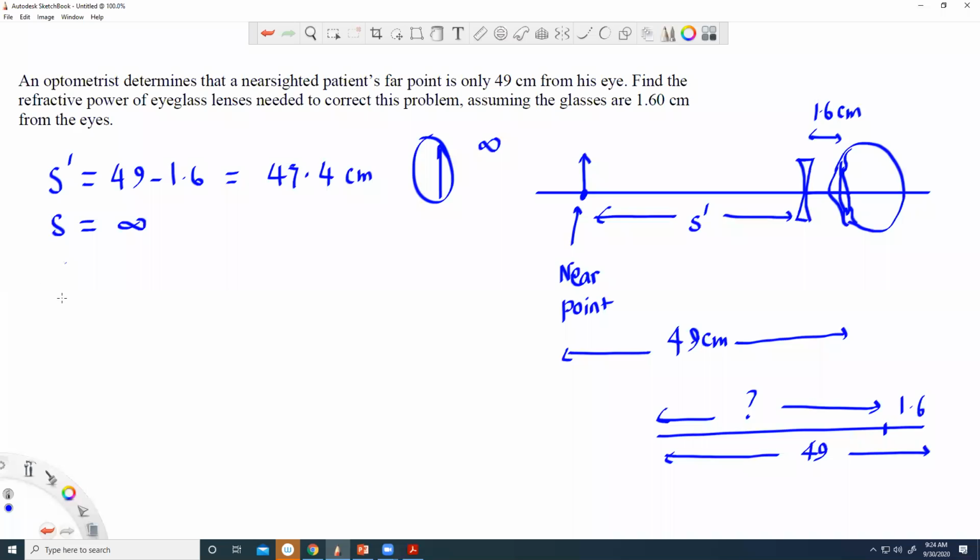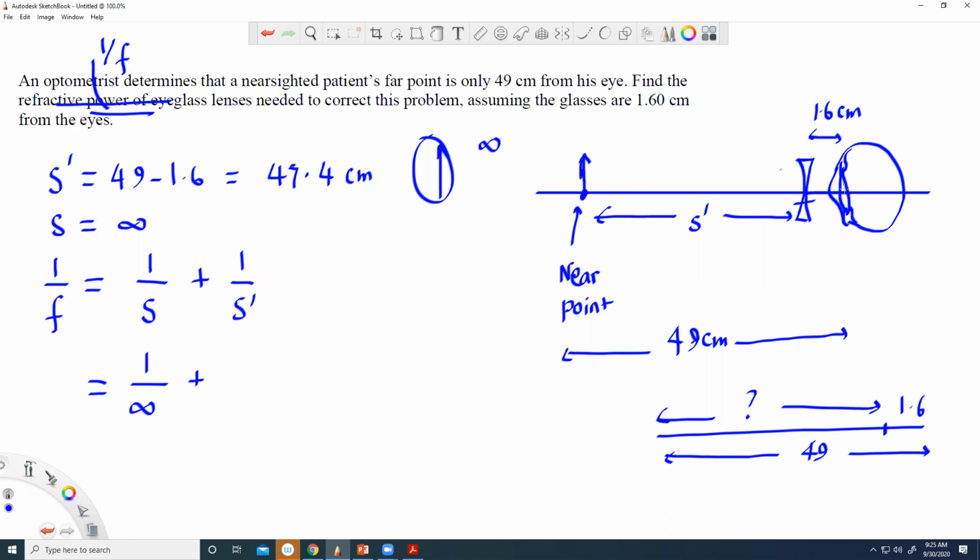Now we need to find focal length first to find the refractive power, because we know refractive power is 1 over f. 1 over f is given by this formula, 1 over s plus 1 over s prime. So 1 over s is 1 over infinity, plus. And one more thing you need to be very careful about here. That is, a diverging lens always forms a virtual image. How do you know it's virtual? Because it's upright, and it's on this same side.